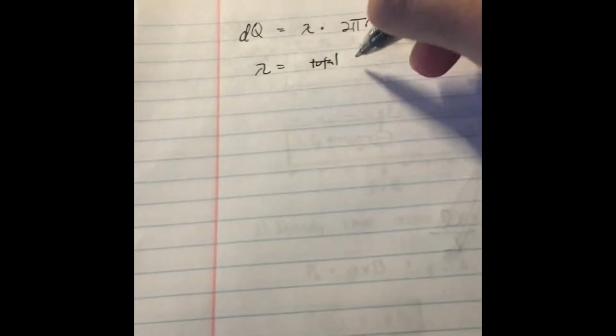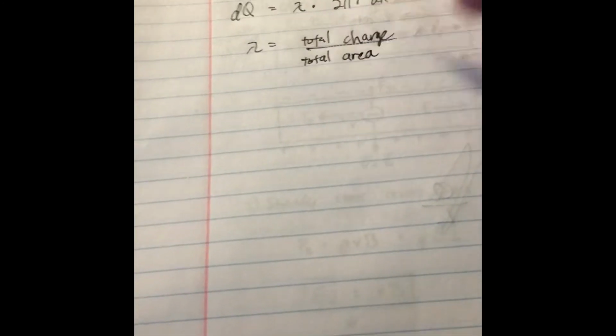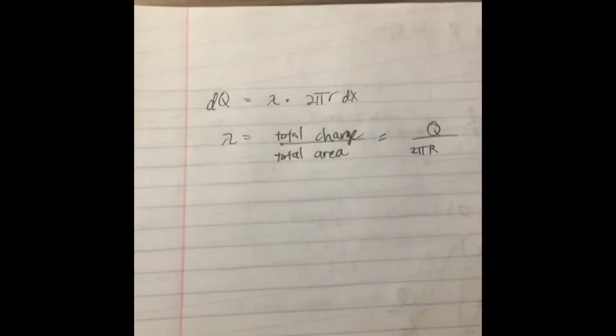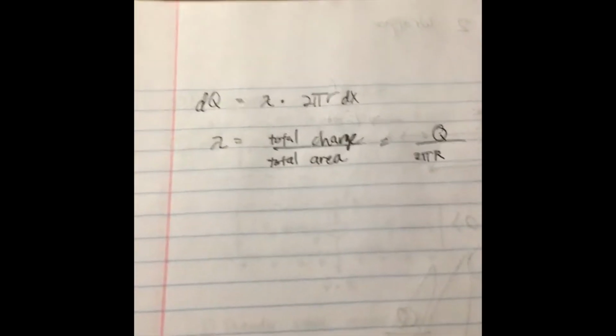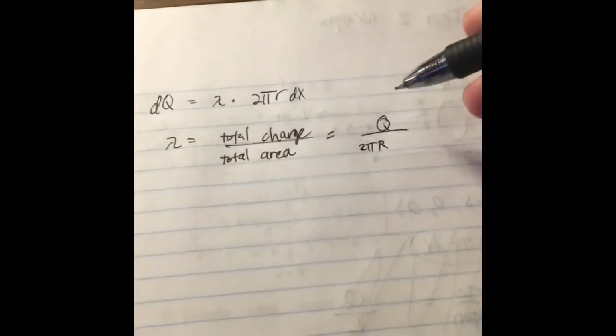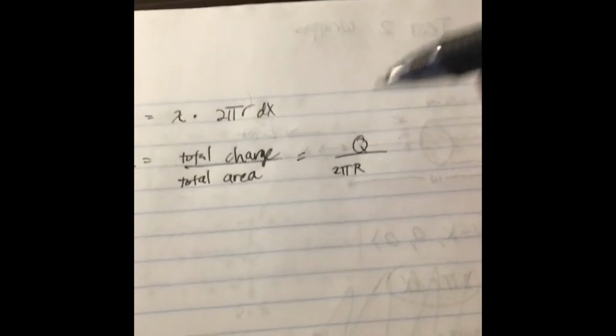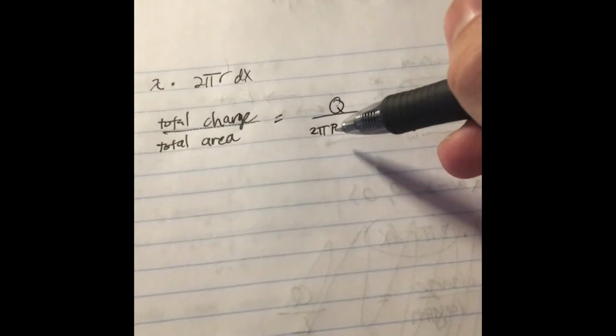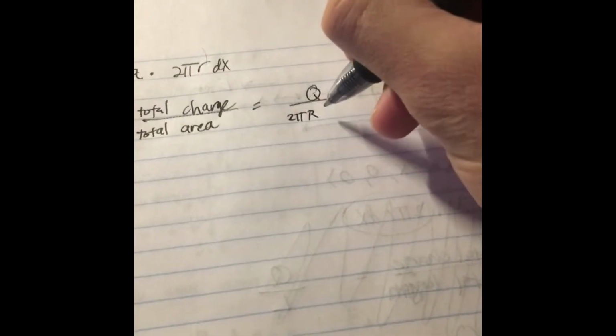Now lambda is just equal to the total charge divided by the total area, and you only deal with area if you're dealing with 3-dimensional shapes. If it was 2-dimensional, it'd be total length. We were given that the total charge was q, and we find the total area by finding the circumference of a ring and multiplying that by the length of the tube. So you would have q over 2 pi r l.